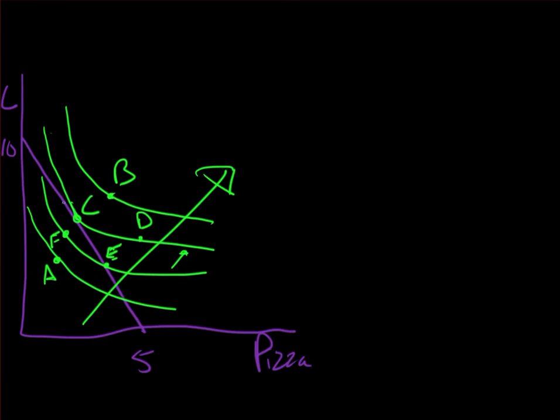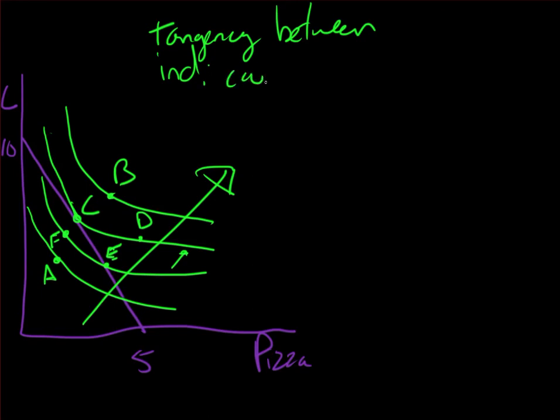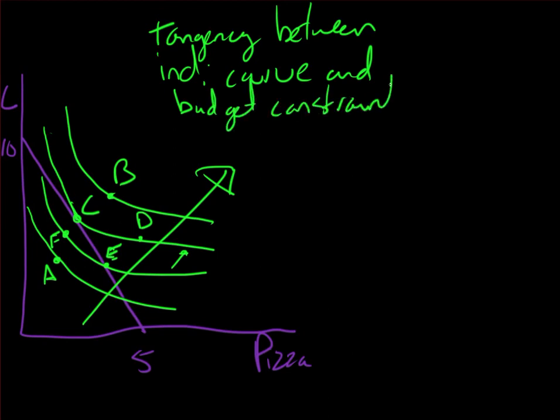A clue to knowing your optimal consumption bundle is the situation where I have tangency between the indifference curve and the budget constraint. What I mean by tangency here is that they're both barely touching.